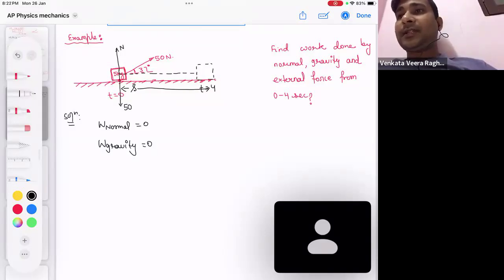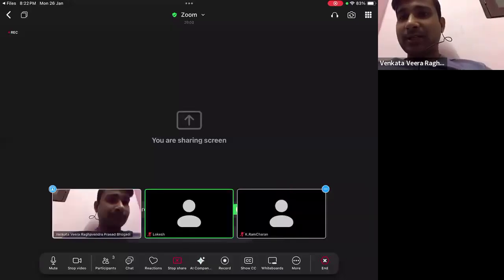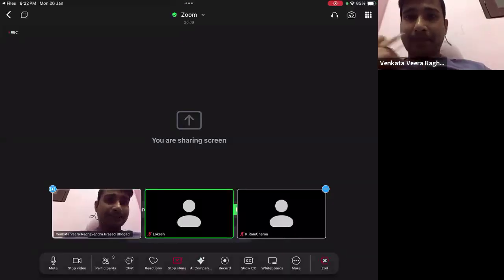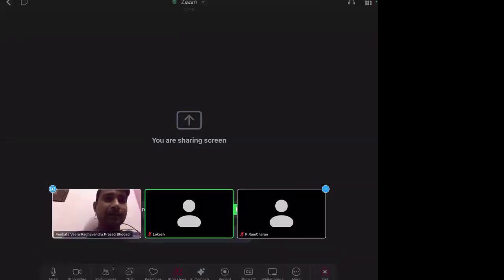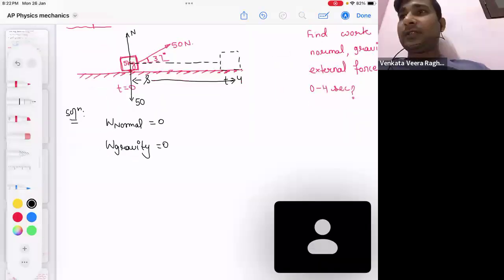Work done by the external force, 50 Newton force. Tell me Lokesh. Tell me Charan. Sir, tell me how much is the work done by that external force coming? We are calculating that now.